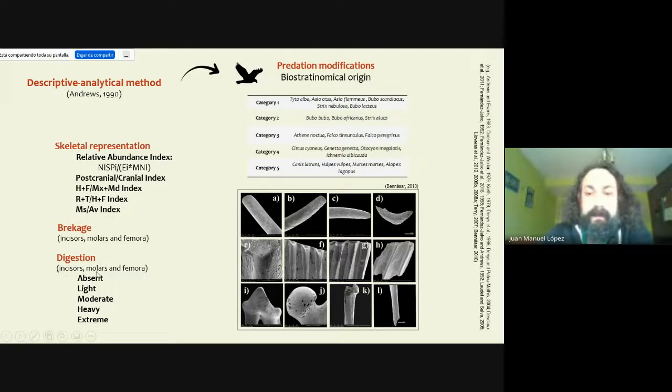The digestion is normally studied in incisors, molars, and femurs. You separate absent, light, moderate, heavy, and extreme. After, there are other kinds of separations that we can make to identify the predator, such as the skeletal representation that we found, or the type of breakage in molars or in other bones.